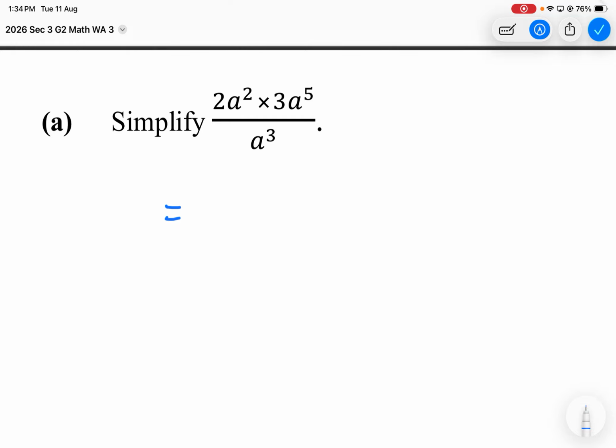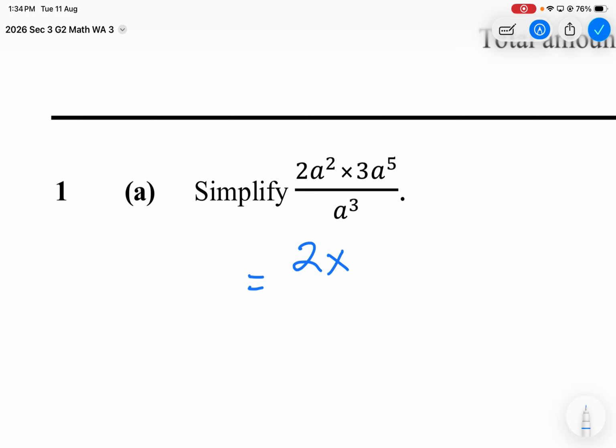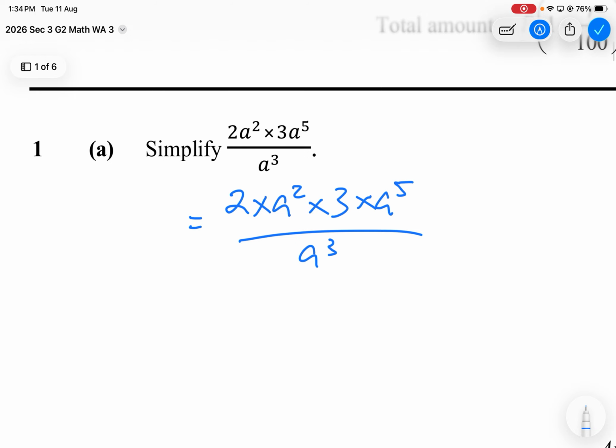Okay. So in the numerator, what is happening is it's all multiplication: 2 times a squared times 3 times a to the power of 5. So we will put the numbers together. It is just a rearrangement of the numbers.